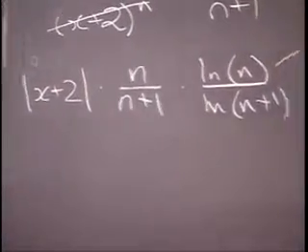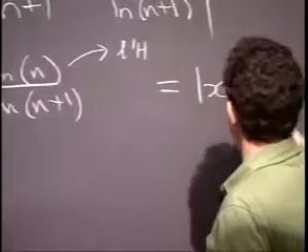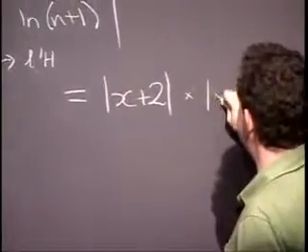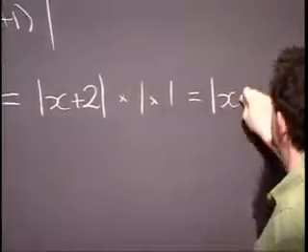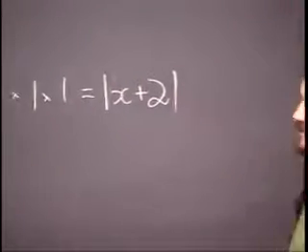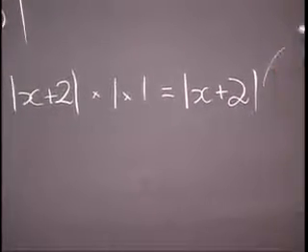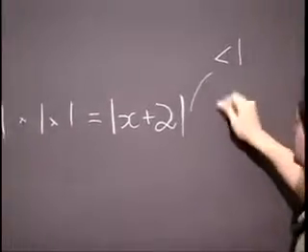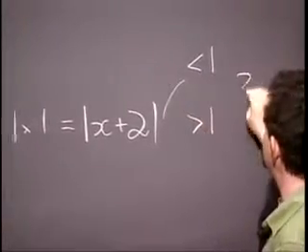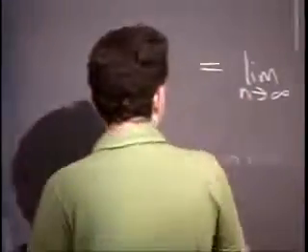And so this limit is x plus 2, which is impervious to whatever n does. So it's x plus 2 in absolute value. And what's important is whether it's less than 1 or greater than 1. So let's examine this.